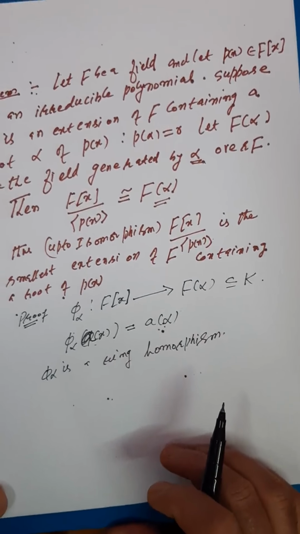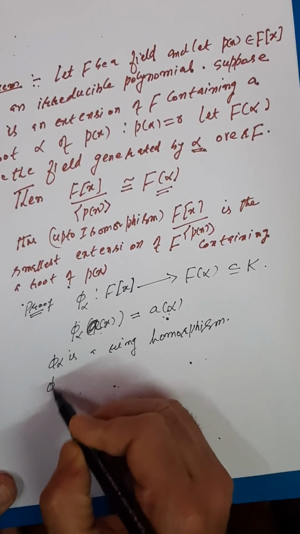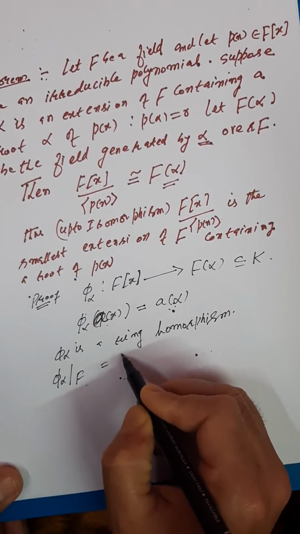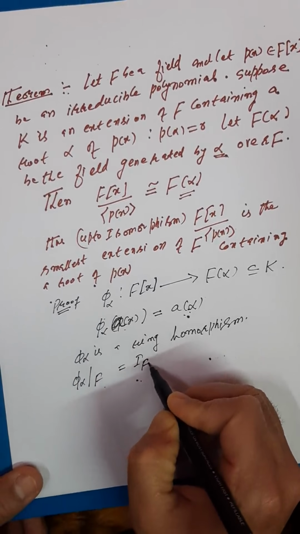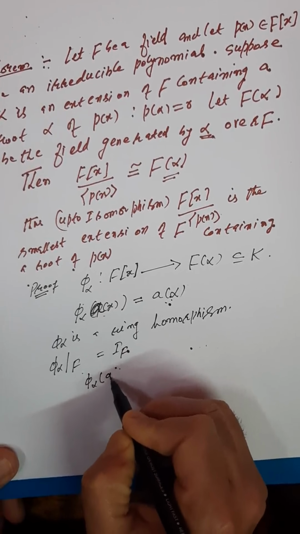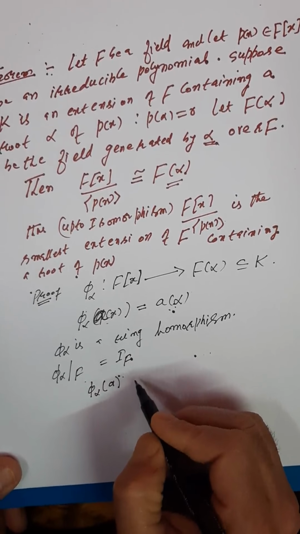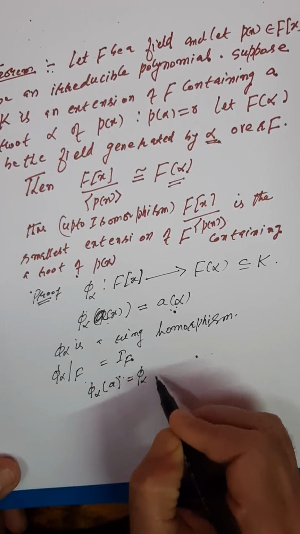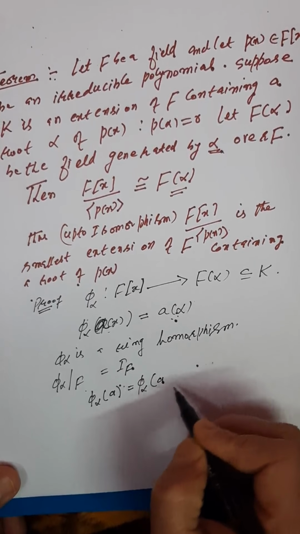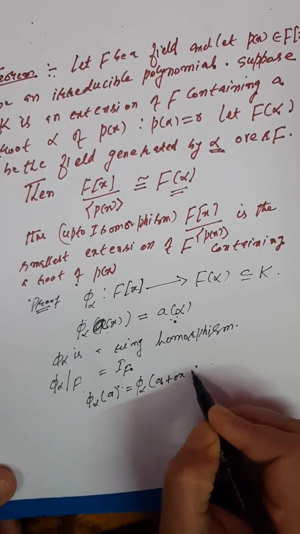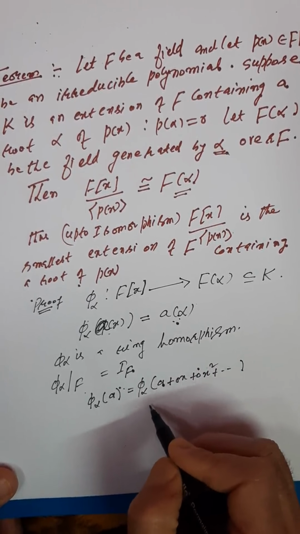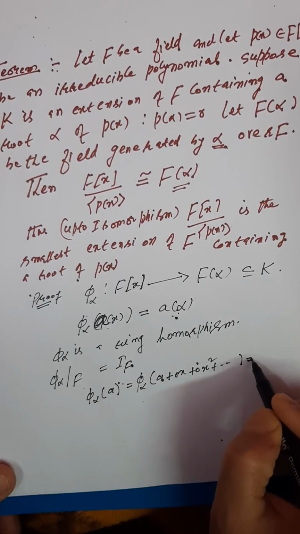We must also note that phi alpha, when restricted to F, is the identity map on F. It's also clear, because if you take phi alpha on any constant term, you can write the constant term as a polynomial whose other coefficients are 0: a plus 0x plus 0x squared plus so on. So it would be just a.